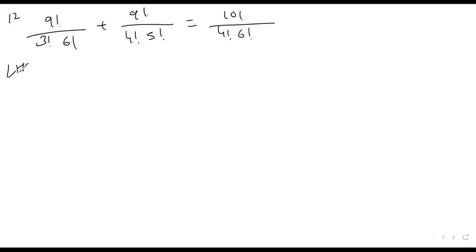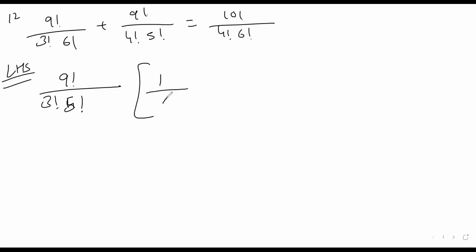So I'll take this. We can take 9 factorial common from here. I can take 9 factorial common, 3 factorial, and 5 factorial common. Inside the bracket, you will get 1 upon 6 here, plus 1 upon 4.